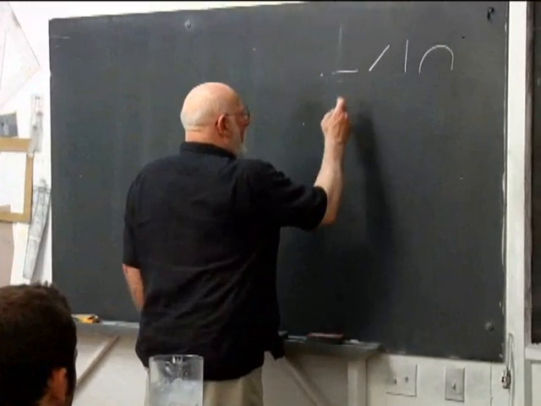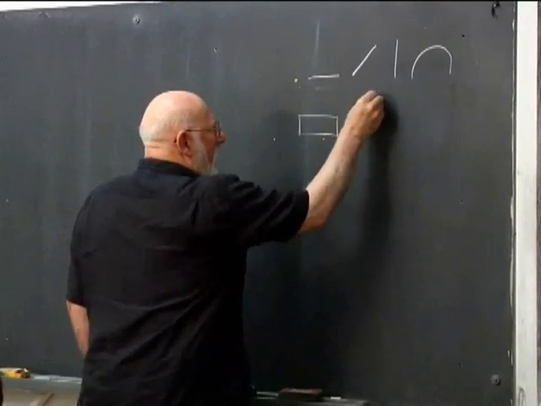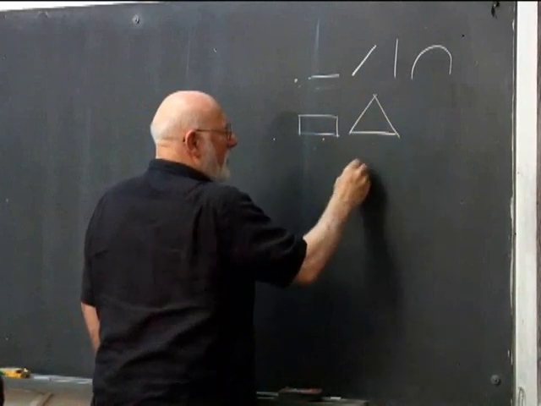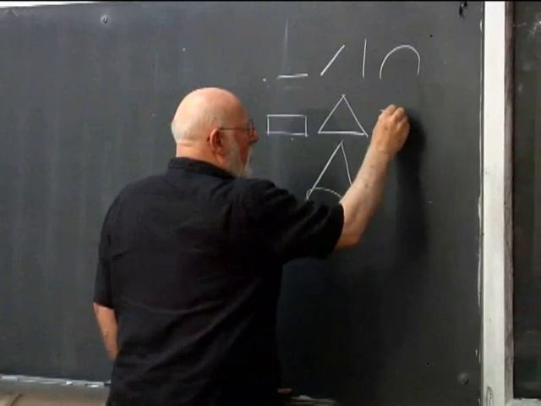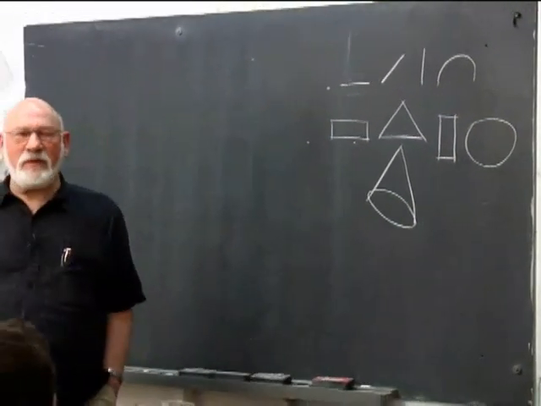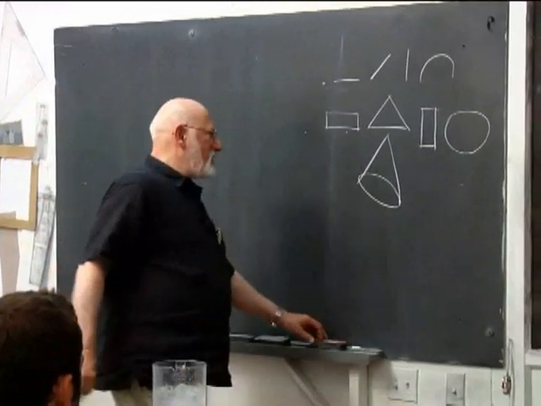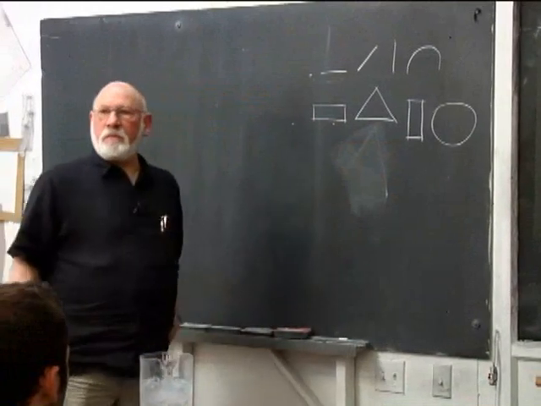And if we take a horizontal, we can turn it into a horizontal rectangle. A diagonal becomes a triangle, or it becomes a cone. The vertical can be a vertical rectangle, and the curve becomes a circle. So we now have 2-dimensional figures.